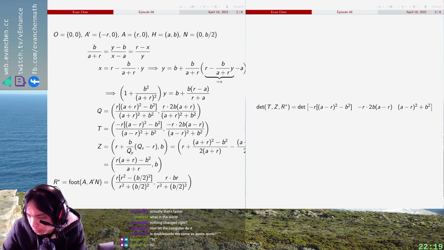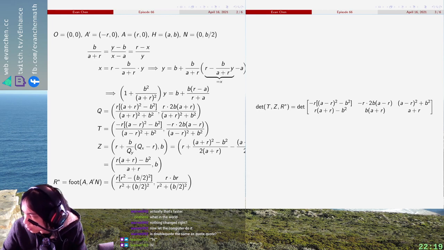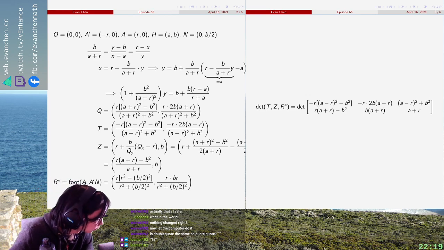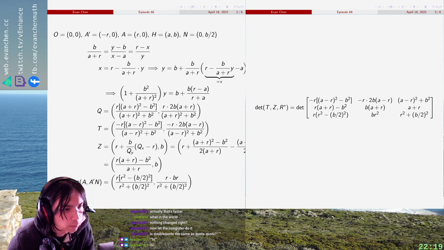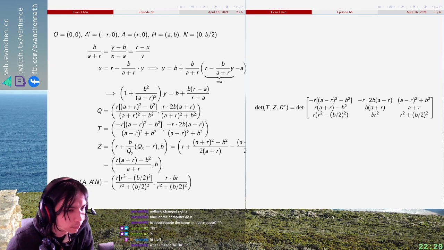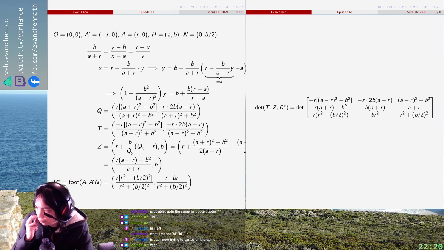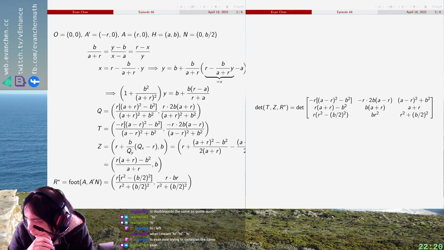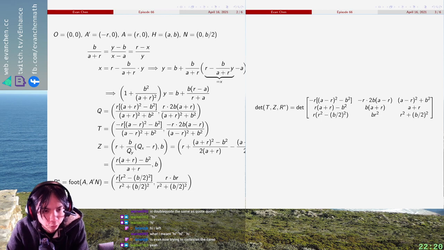Last row, R, R squared minus B over 2 squared, BR squared, and R squared plus B over 2 squared. I hope.